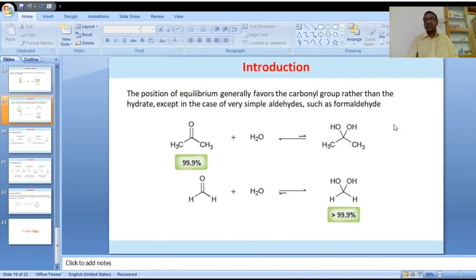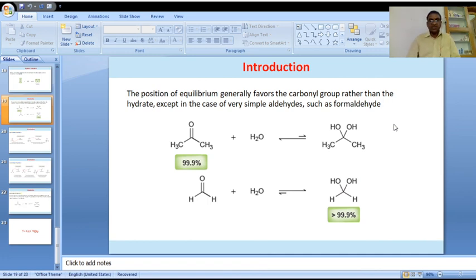What is the reason? In formaldehyde the carbonyl carbon is attached with two hydrogen atoms. Here there are no electron donating groups. If it is attached with one or two electron donating groups, the stability is increased.